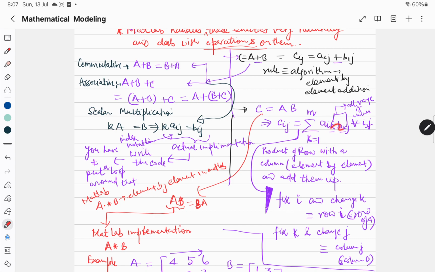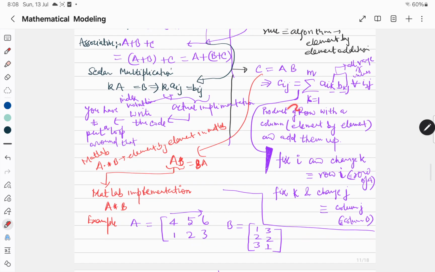So if you fix i and change k, you will get the ith row. Similarly, if you change k, the repeated index, and fix j, you will get the column j. So it is like you are multiplying the ith row with the jth column, element by element, and sigma represents adding them up. Okay, so this is the multiplication rule that I have explained.